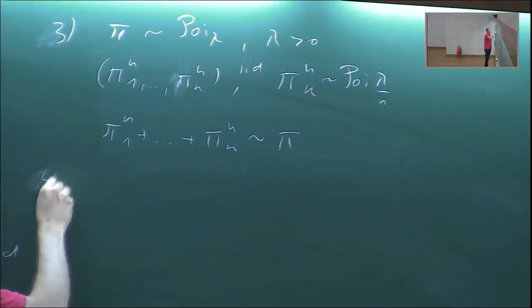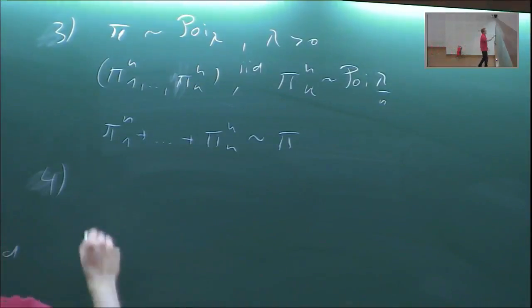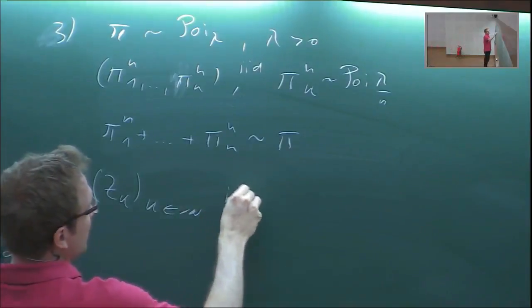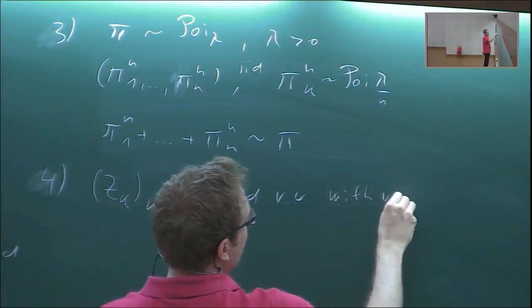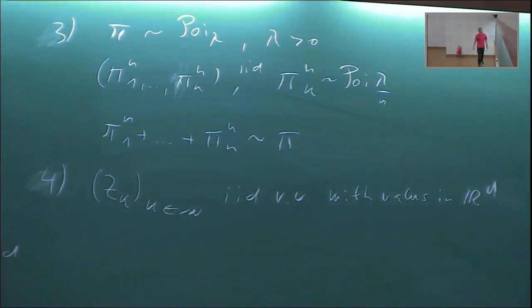What we saw in the next step was a compound Poisson distribution, and we defined it via random variables. So what we had was a family of IID random variables with values in R^d. After the last session, we know what this actually means.